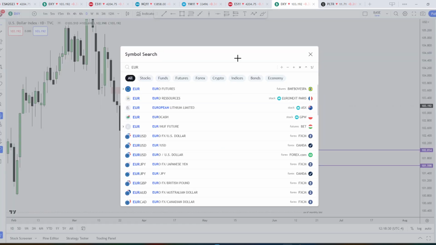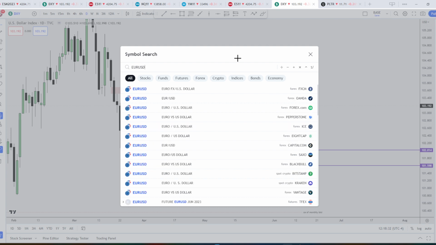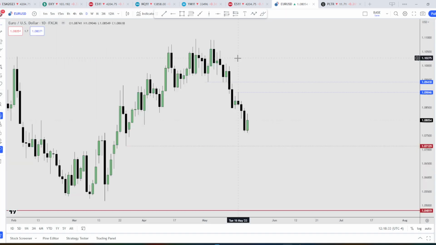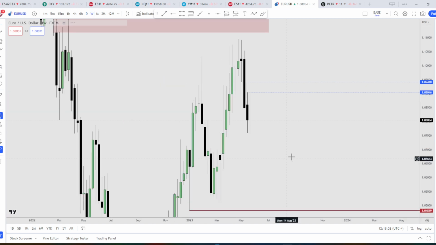For euro, similarly, right, it made a lower low, whereas the DXY made a lower high. So this is an SMT. I'm looking for euro to reverse back up into the weekly fair value gap right down here.